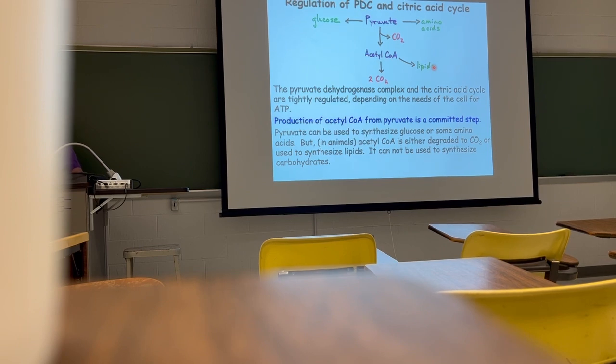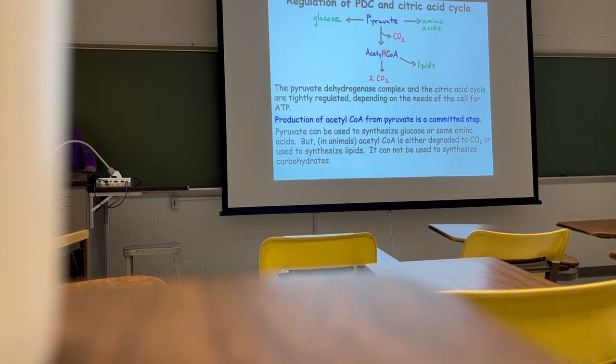So if you eat a lot of sugar, you convert it to acetyl-CoA, that can be used to make lipids. The production of acetyl-CoA is a committed step, so we can't go backwards in this reaction from acetyl-CoA to pyruvate. At least plants can do that, but animals can't. So once acetyl-CoA is made, it can't be used to make sugar, for example.